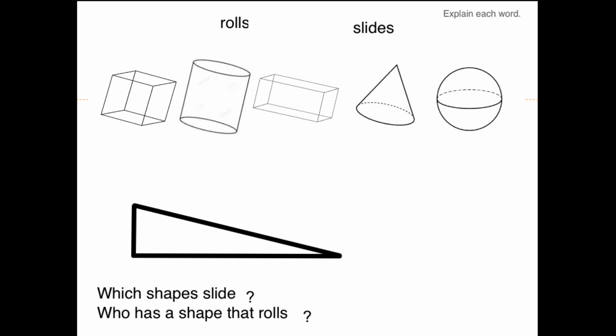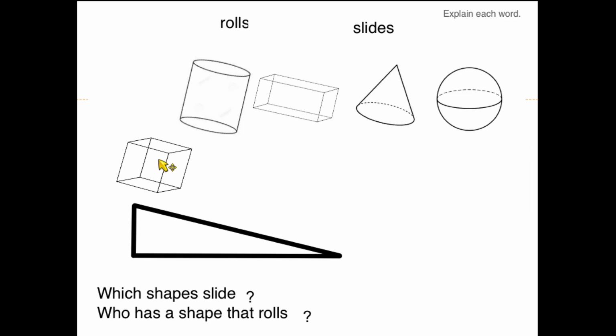So they're going to ask you whether your 3D shape can roll or slide. If you take your, which we can't even do because we're not in the classroom, but if we take our 3D shape and we put it on something like a ramp and we let it go, it's going to slide down.